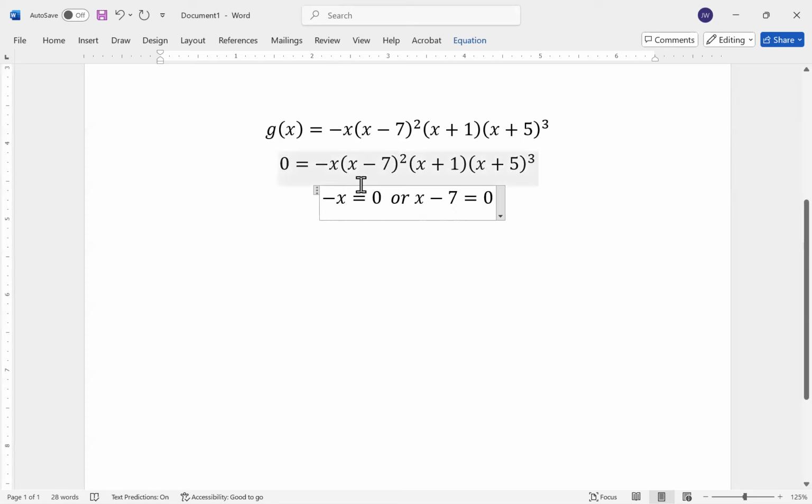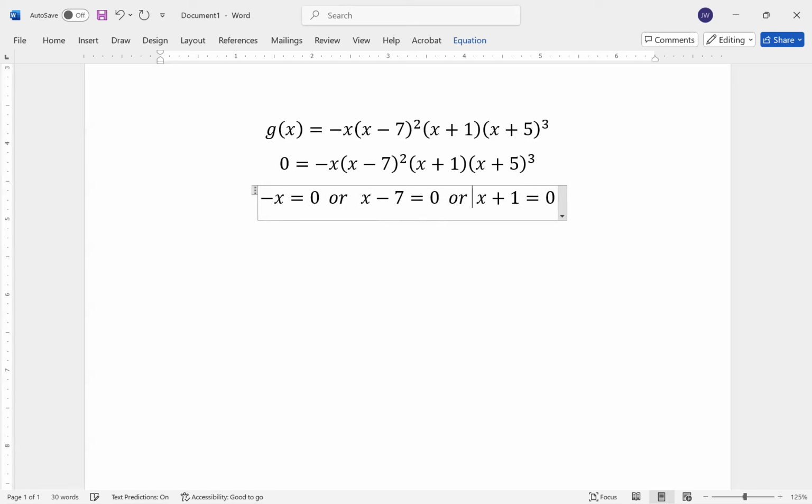Technically, we'd have another x minus 7 is equal to 0 because we have 2 copies of x minus 7 here. But that's going to lead to the same solution. So I don't need to write both copies there. So x minus 7 is equal to 0. Or x plus 1 could be equal to 0. Or x plus 5 is equal to 0.